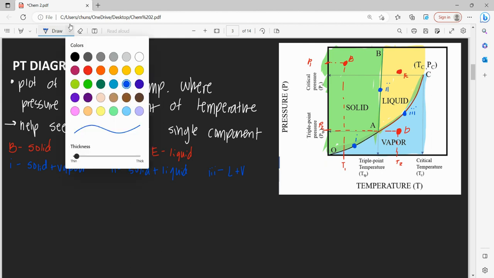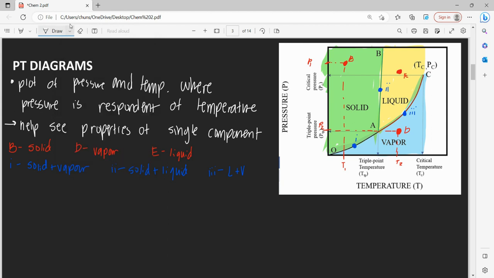So a couple definitions. We have a point C and A. So let's define what those are. Point A on our graph is an intersection of all 3 lines or phase boundaries.